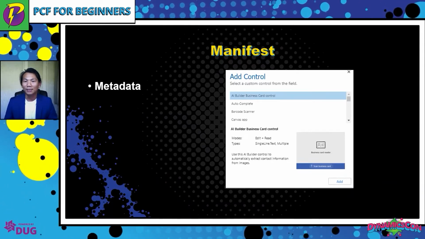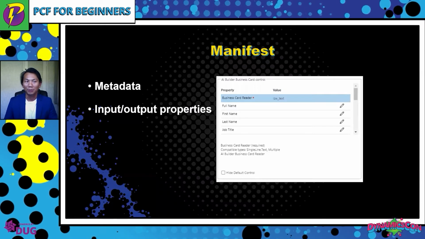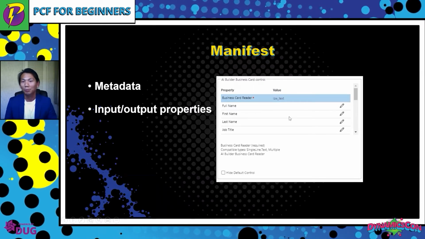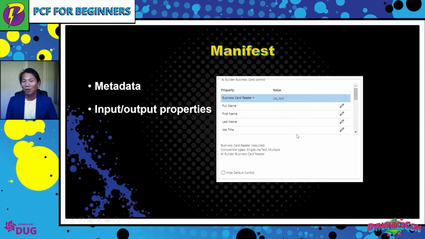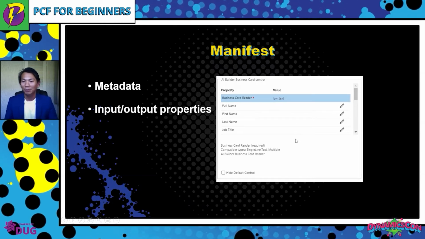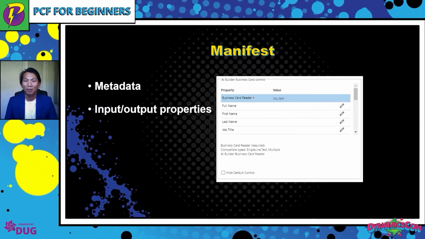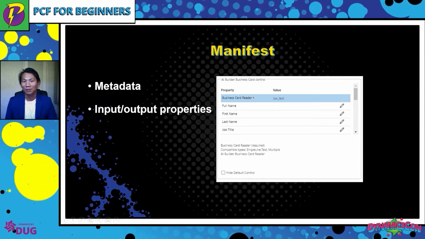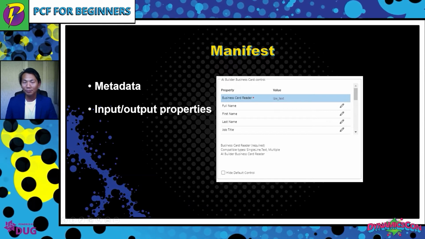And the second part is the input and output properties. So if your control accepts input parameters, or has a TypeScript function that returns an object as the output parameter, you need to define the input and output parameters in the manifest file.